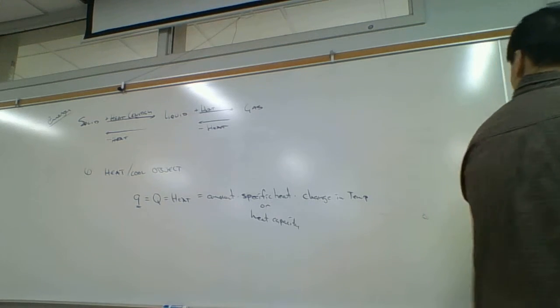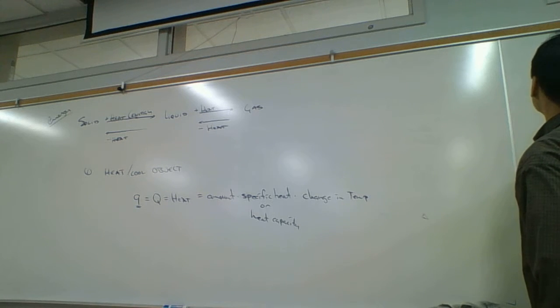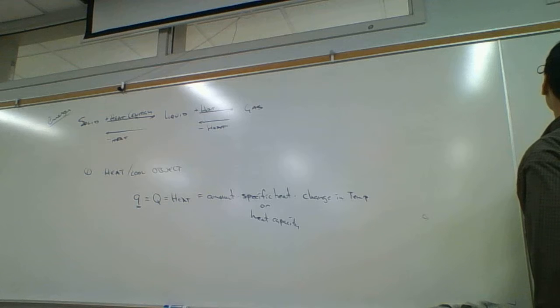So normally when we're thinking about heating and cooling an object, we use this equation: Q is equal to mc delta T.